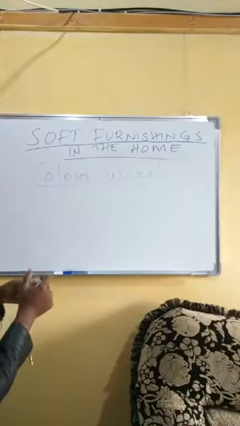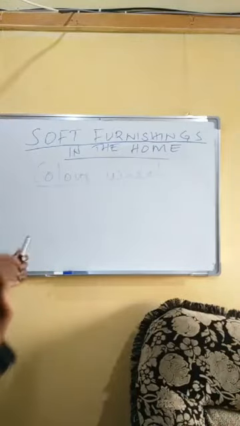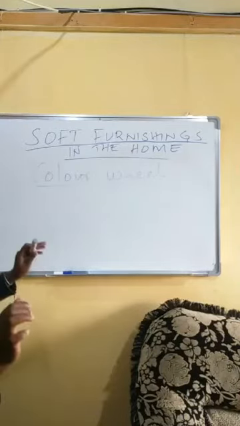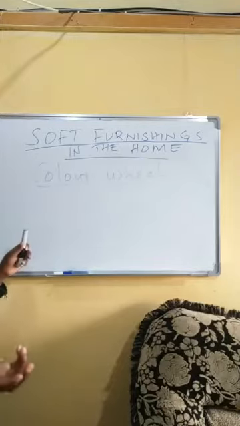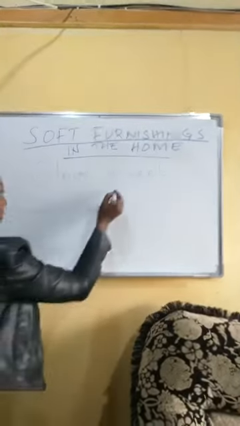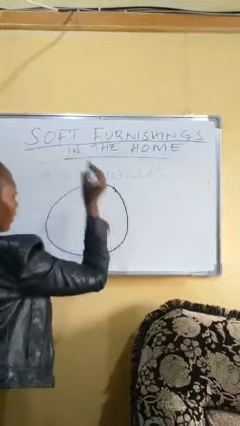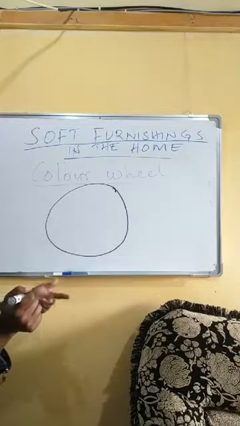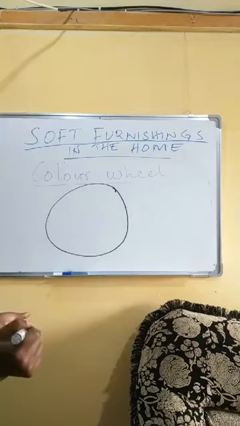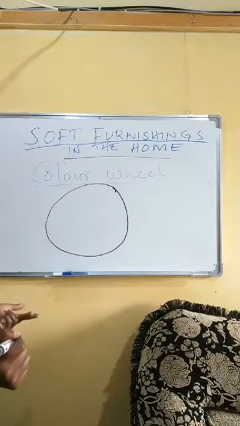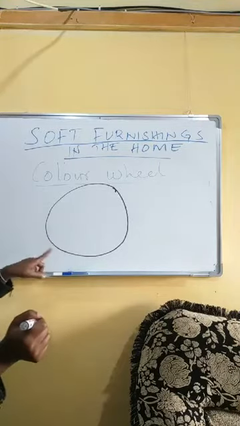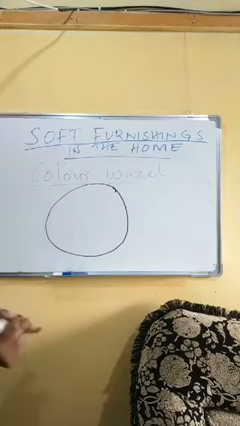A color wheel is basically a circle that contains all the colors, showing their relationship. So you have a circle, and then it has the 3 primary colors, the 3 secondary colors, and 6 tertiary colors. And this circle will not just show their arrangement, but also their relationship.